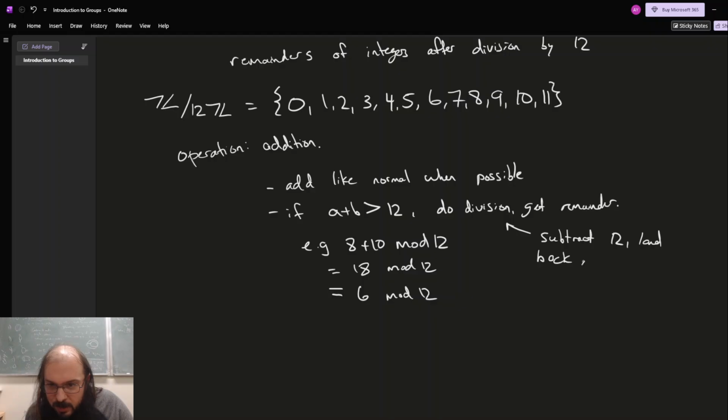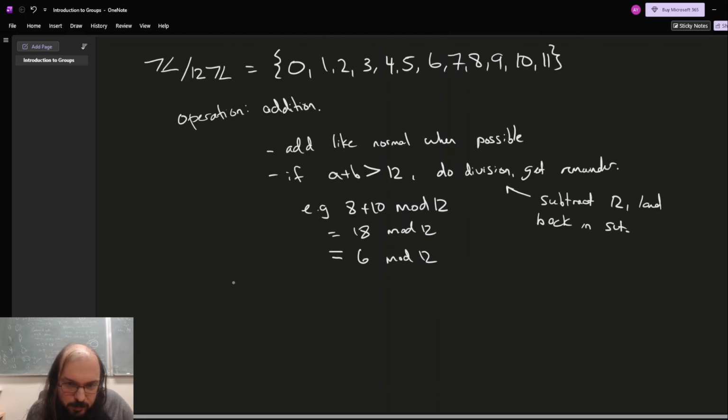That'll land you back in the set. There's a little bit more to it than just this. We'll cross that bridge when we come to it. For now, this is a perfectly good way to endow this list of 12 numbers with the structure of a group. Let's check our familiar list of axioms now. Is it associative?